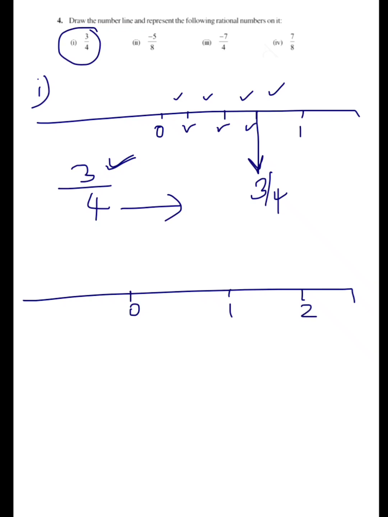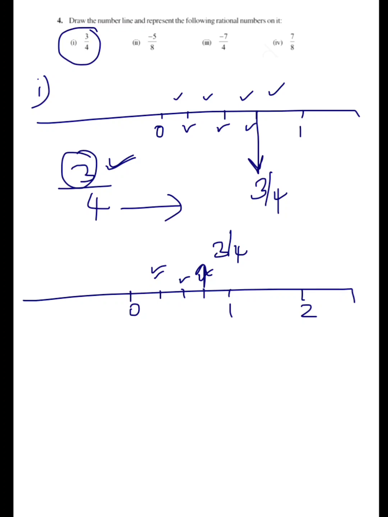But in between 0 and 1, you have to make 4 divisions. And among these, the third one, since the numerator is 3. 1, 2, 3. So this will be our 3 by 4. In this way you have to do.